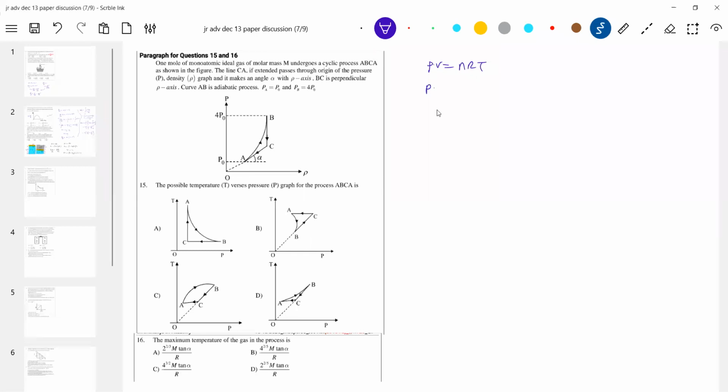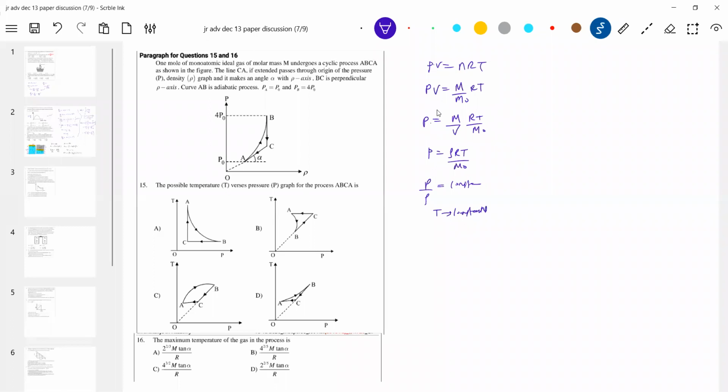This is PV equal to mass of gas over molecular mass, times RT. Look at now, if P by rho is constant, then what does it mean? Temperature will also be constant.